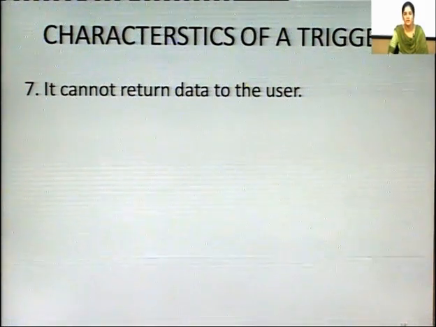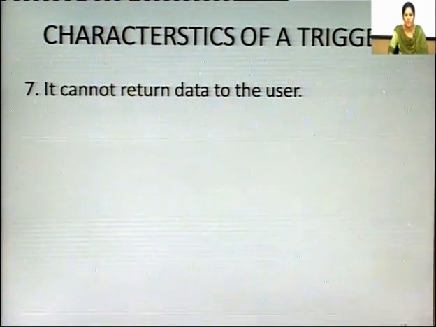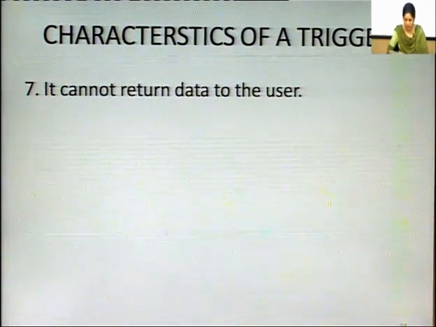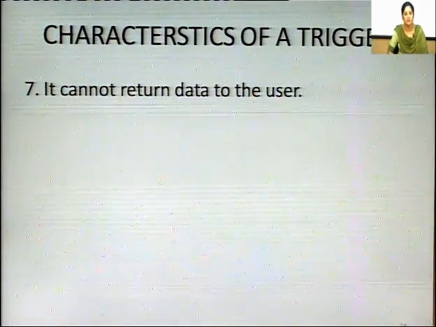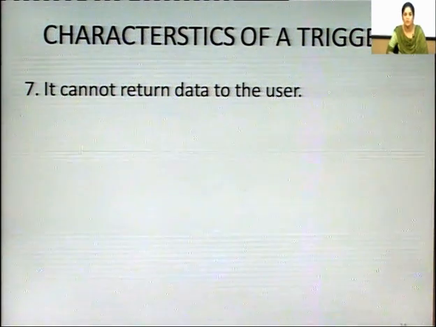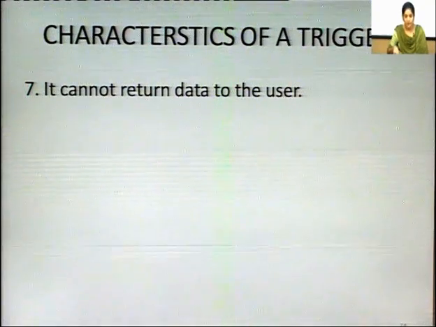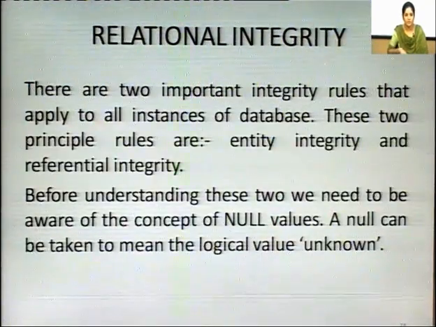And the last characteristic of a trigger is it cannot return data to the user, as the stored procedure may return the data to the user and functions can also return the data to the users, but it is noticeable that triggers will not be returning any kind of data to the users.